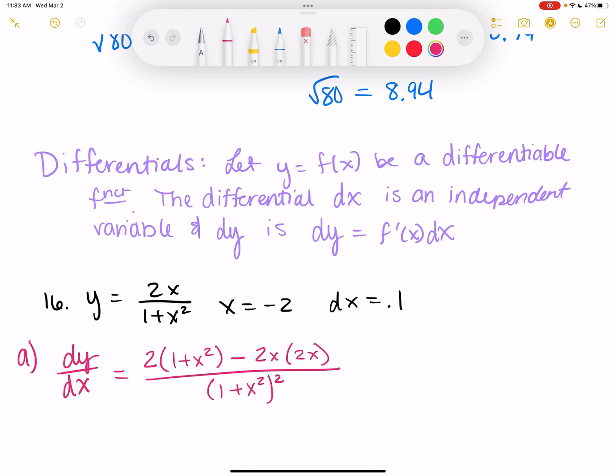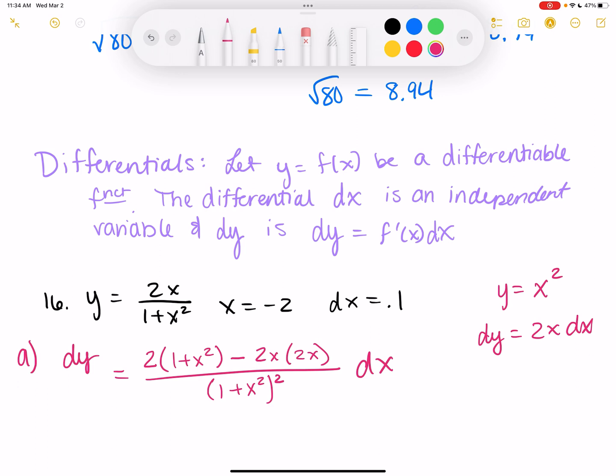So now, the only thing that they want you to do differently is they actually want you to find dy. So what they want you to do is multiply by dx. So I'm going to get rid of that over here and throw the dx on this side. So if I told you to take the derivative, so if it was y is equal to x squared, what you would write on your paper is dy is equal to 2x dx.